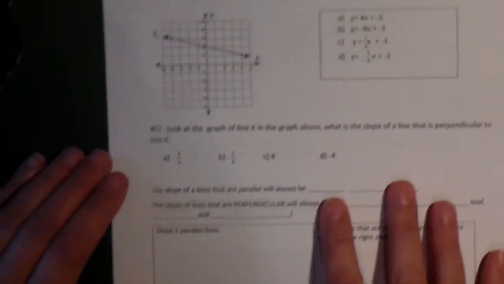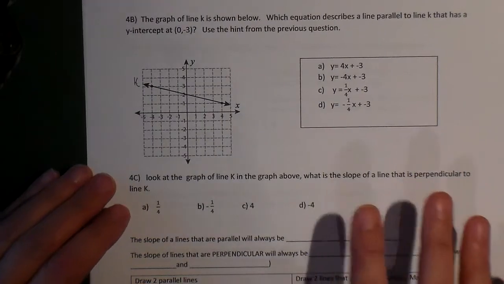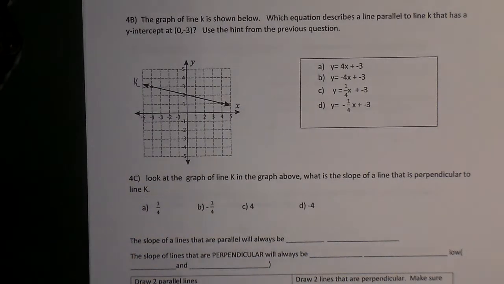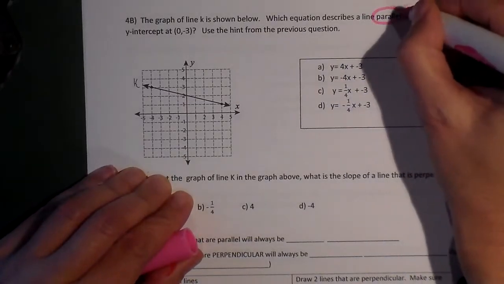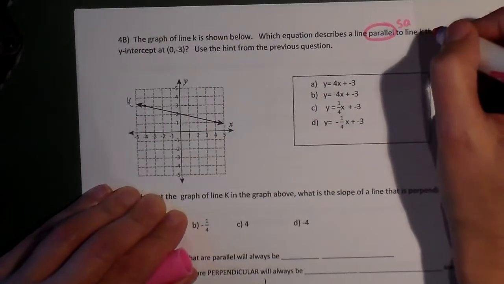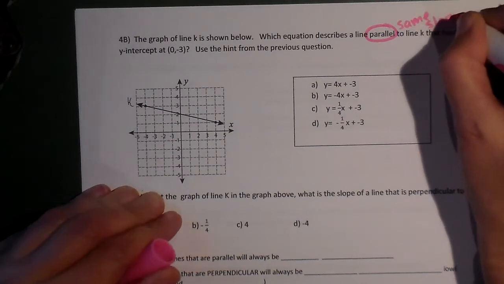So let's look at 4b. If I come down here and look at 4b, we're going to do the same thing, and we're going to be looking at parallel. Let me keep my colors consistent here. Which equation describes a line parallel? Once again, I'm a little off the grid here. That means the same slope.